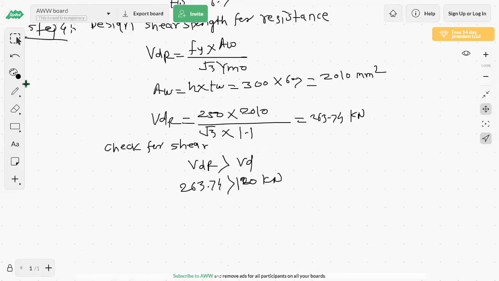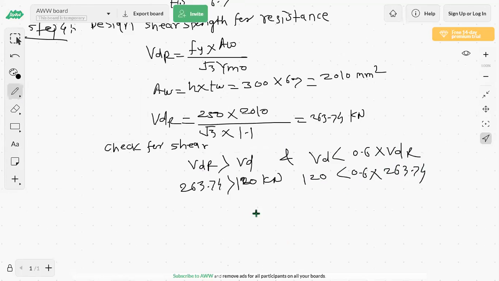This is the first check. And the second check is VD should be less than 0.6 into VDR. So this is 120 and this is 0.6 into 263.74.